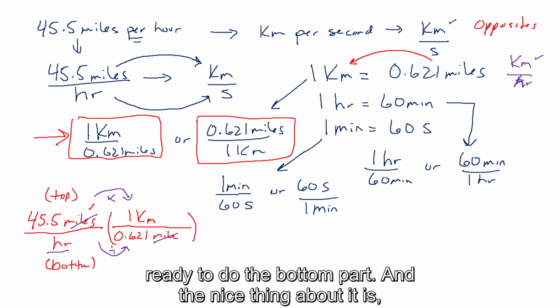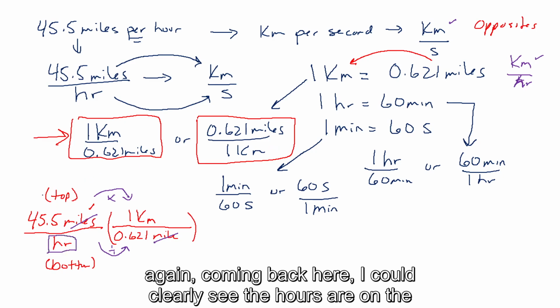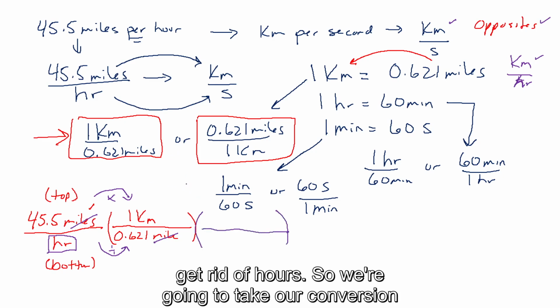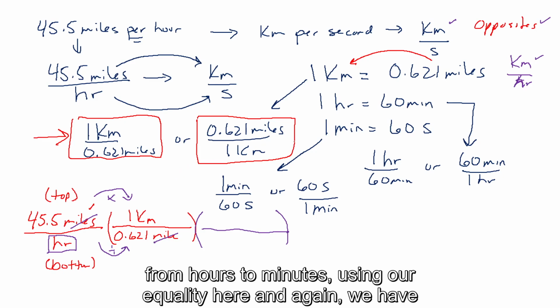And the nice thing about it is, again, coming back here, I could clearly see the hours are on the bottom. So once again, opposites. So here we want to get rid of hours. So we're going to take our conversion from hours to minutes using our equality here. And again, we have two options.